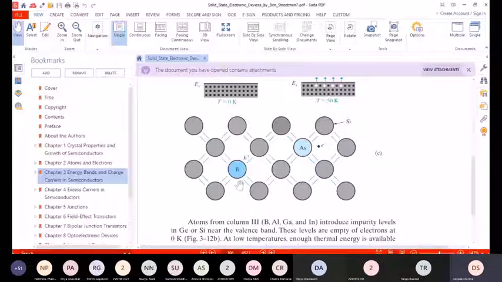And arsenic is pentavalent, hence it has donated one electron. It is called a donor atom, or we can say it becomes an ion.